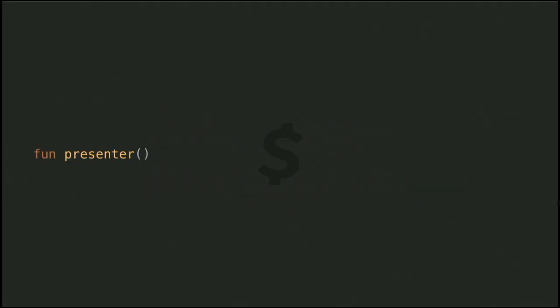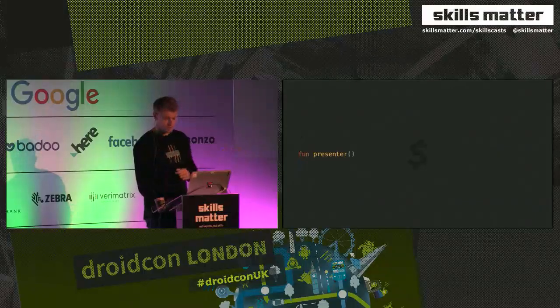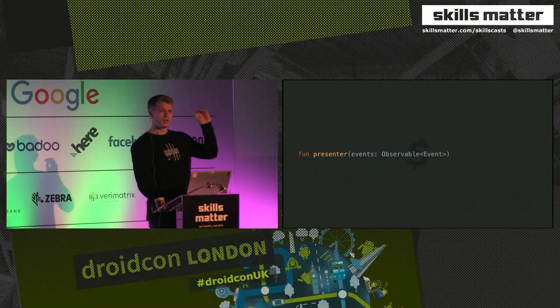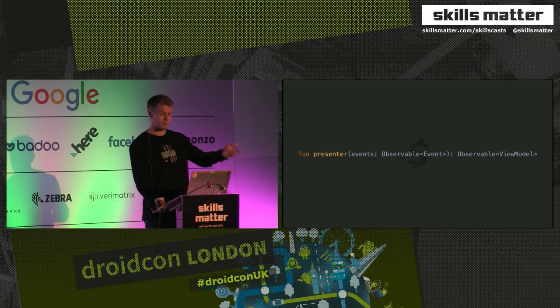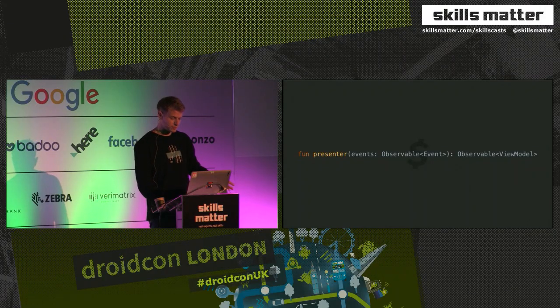I want to go back to how the streams were defined. If the presenter would not be a class but a method, the signature would be: we put in a stream of events, we want a stream of view models back. That would be a really simple signature, and it could be one method of your presenter.